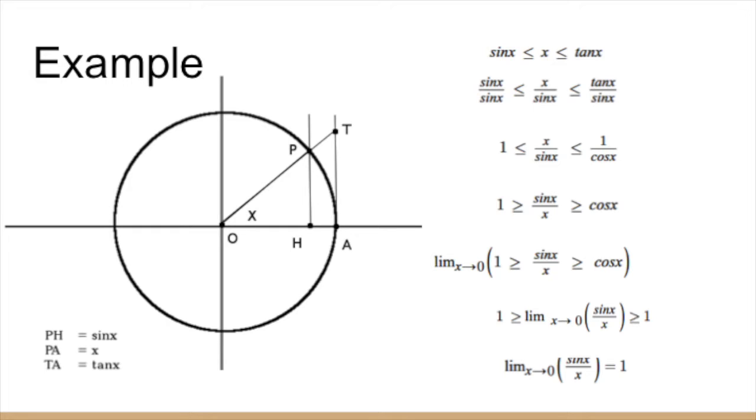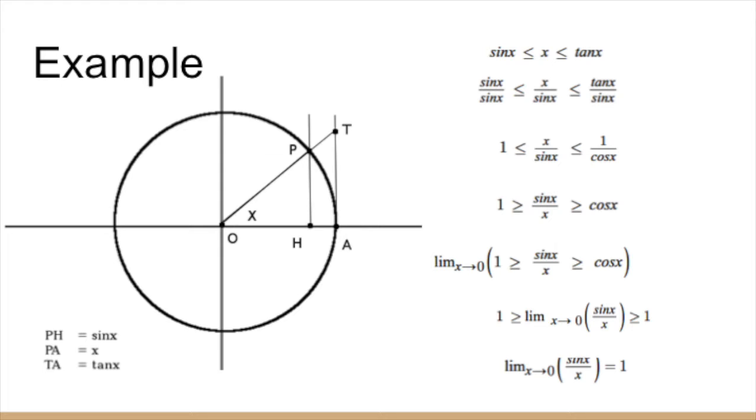So, we start with sin x is less than or equal to x is less than or equal to tangent x. Then, we can divide everything by sin x to get 1 is less than or equal to x over sin x is less than or equal to 1 over cosine x, which is the same as 1 is greater than or equal to sin x over x is greater than or equal to cosine of x.